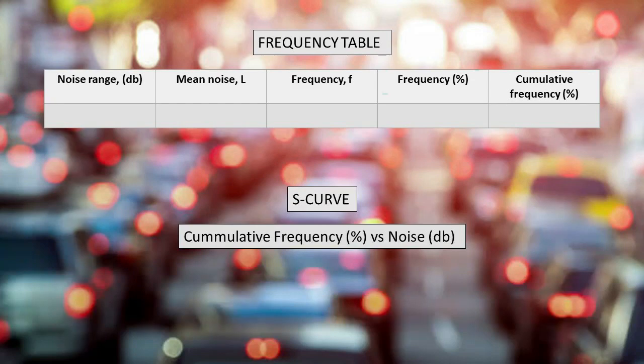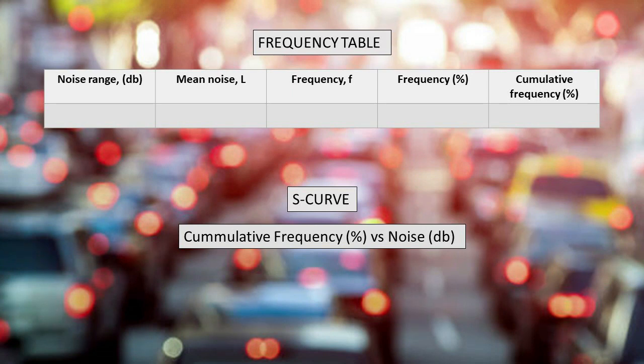To get the frequency percentage, divide the frequency by the total frequency and then times by 100. To get the cumulative frequency percentage, bring the frequency percentage on the first row into the cumulative frequency percentage on the first row, then add it with the frequency percentage on the second row, and repeat the same process on each row until the end of the data.